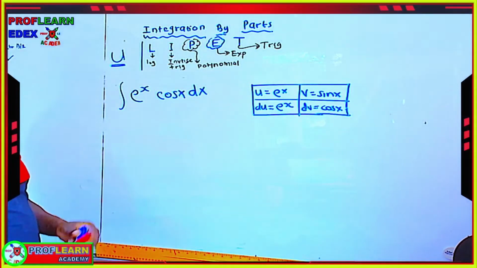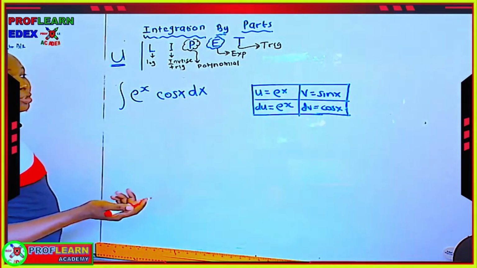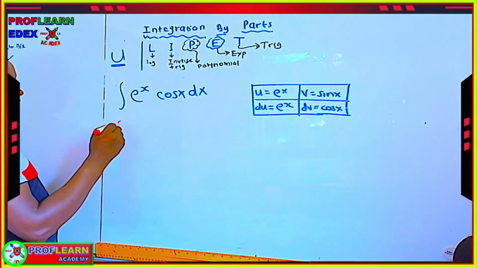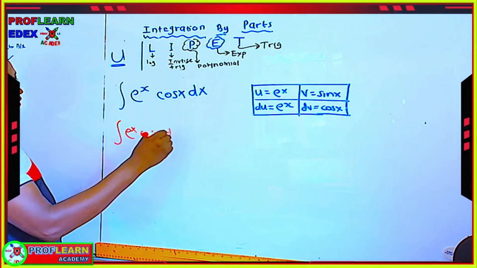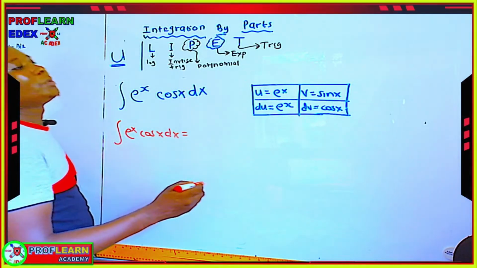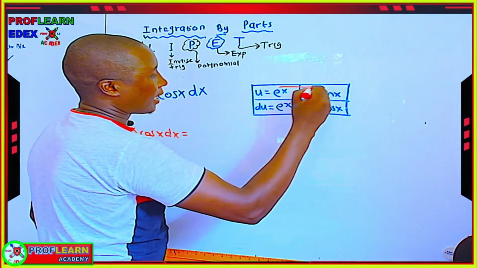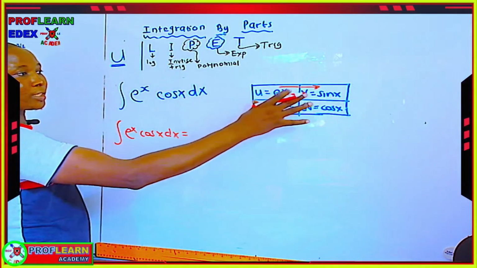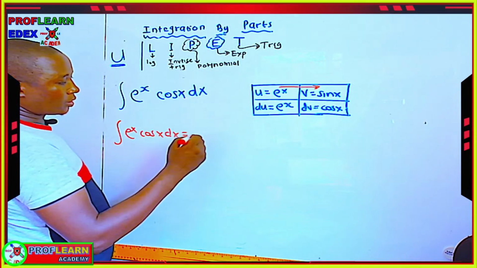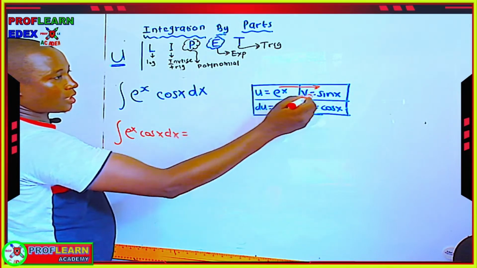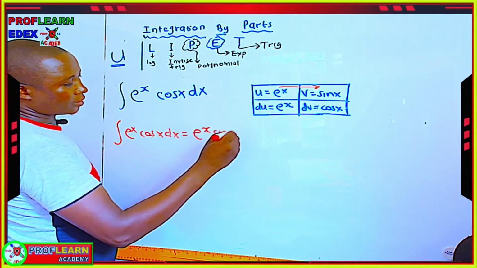Then what do we say? Whenever you are using integration by parts with this table, we don't even need to remember the formula, because the integral of e^x cos x with respect to x is going to be equal to, you multiply across like that, so long as your table is arranged the way you have arranged it here. So the answer will be this and this, e^x sine x.